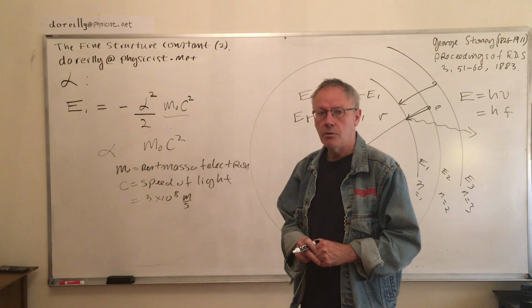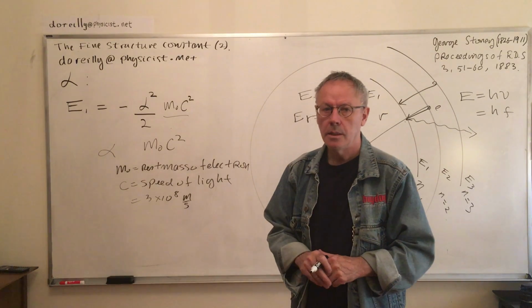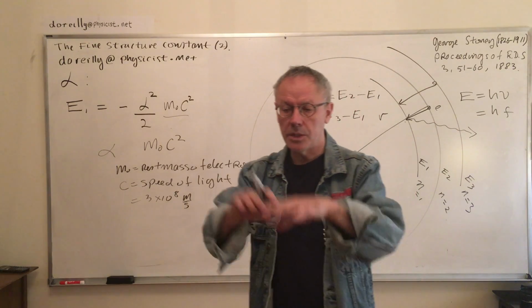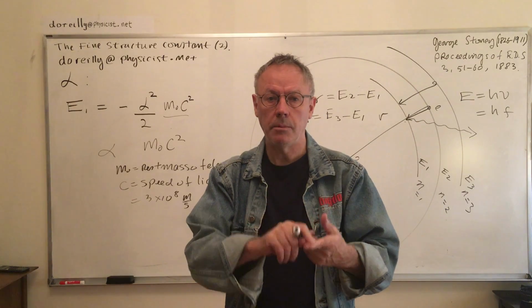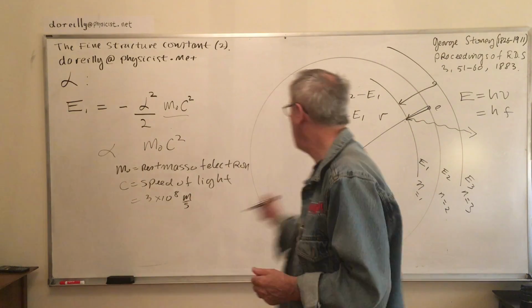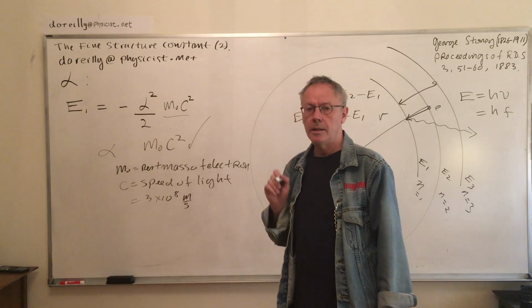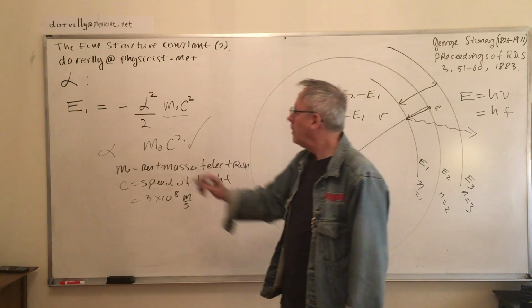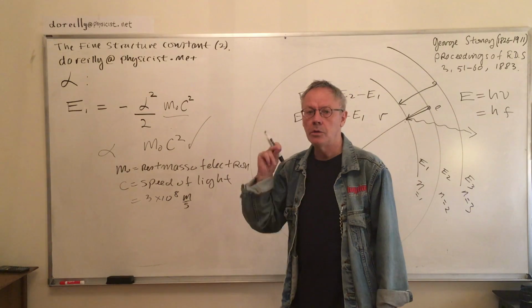I never mentioned anything relativistic here. This is just the idea of a quantum, and the principles of de Broglie, Bohr, centrifugal force, and Coulomb thrown in together as a model of the atom. And out I get that the mc squared is in there. And then the dimensionless constant. Okay? That is profound right there.